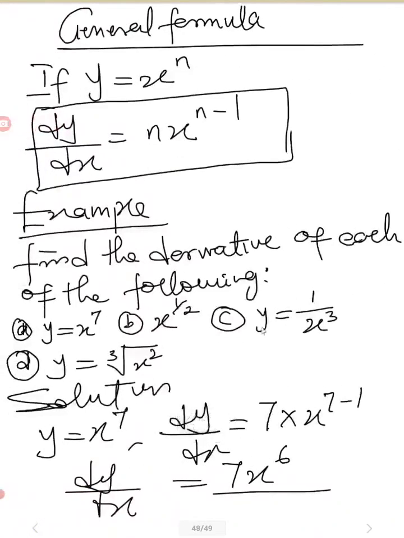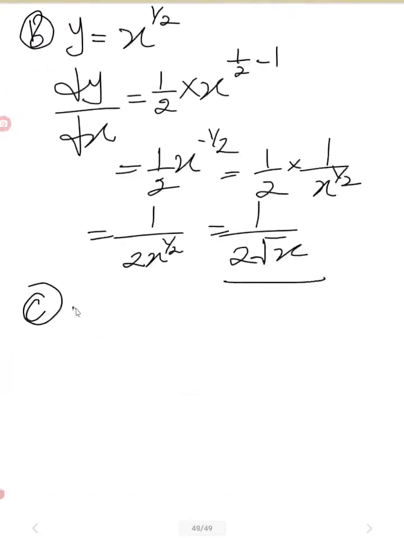So let's now solve the value for the C part. The C part said that y is equal to 1 over x cubed. So y is equal to 1 over x raised to power 3, and you can rewrite from the law of indices to say that y is equal to x raised to power minus 3.